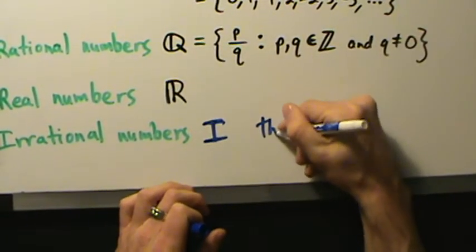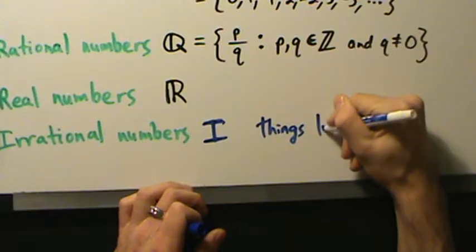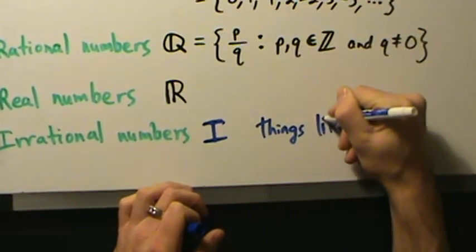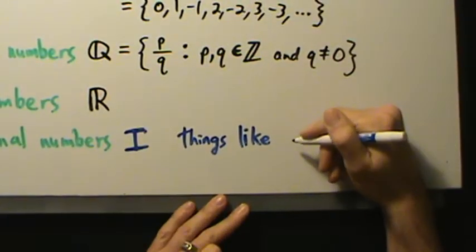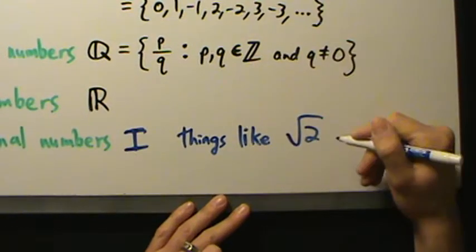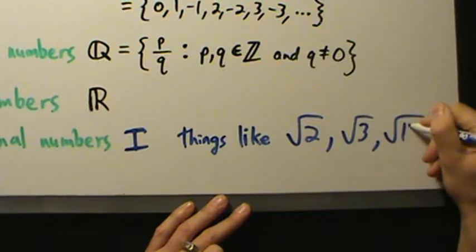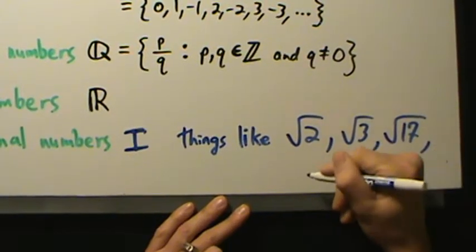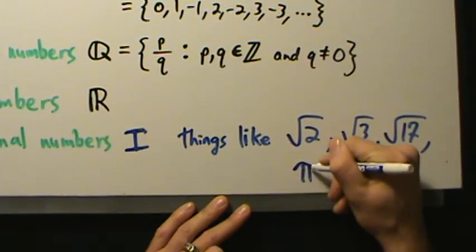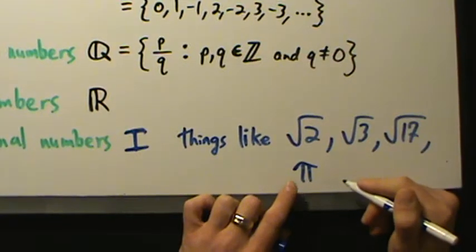This is things like the square root of 2, the square root of 3, the square root of 17, pi. You might have talked about pi in geometry class.